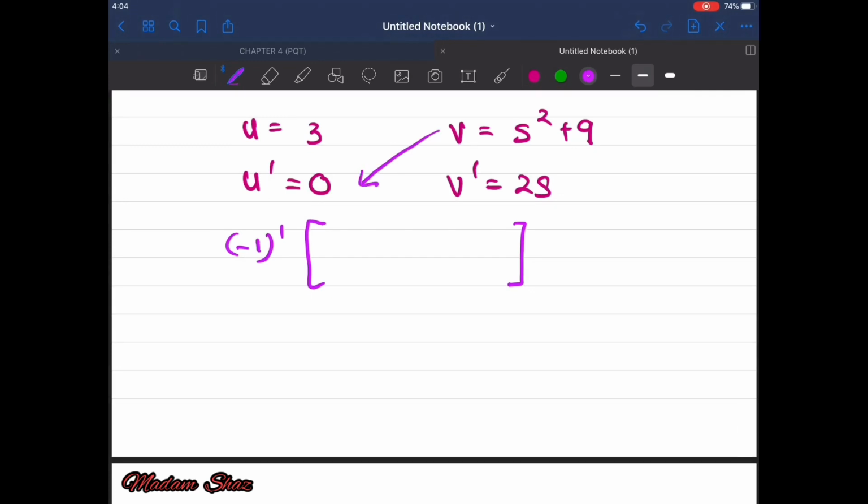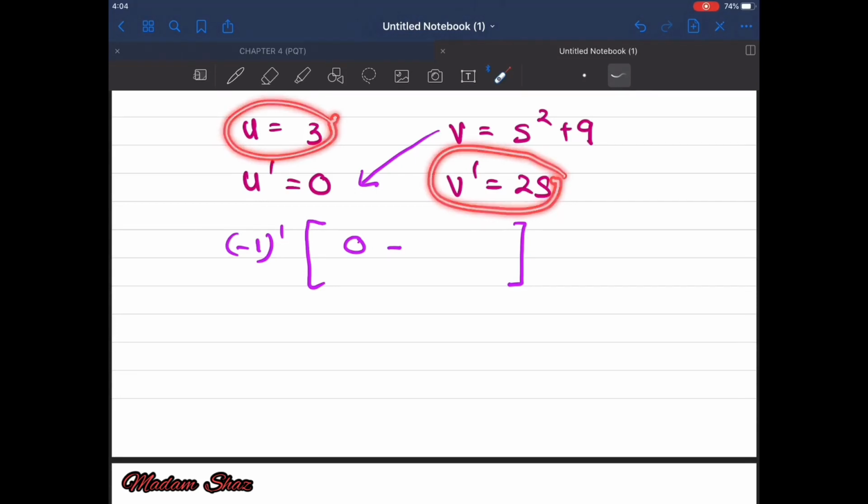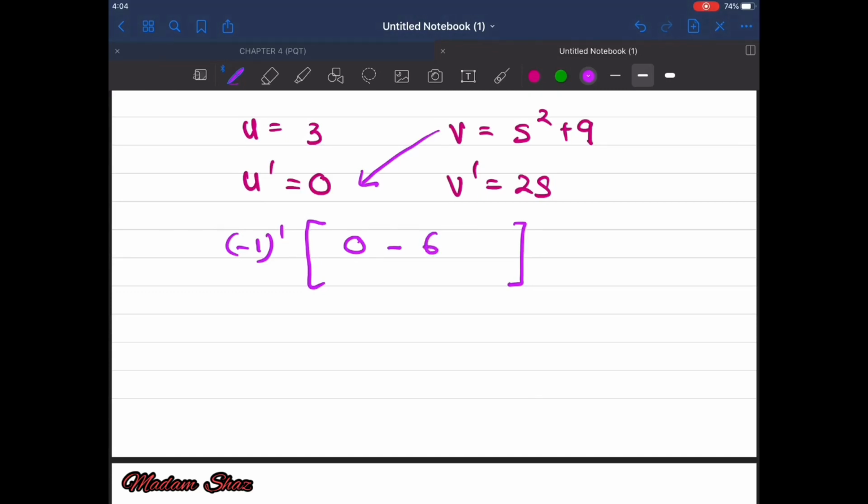V u prime, s square plus 9 multiply with 0 will become 0 minus, because the formula for the quotient rule is minus uv prime, 3 multiply with the 2s, so will become minus 6s. Divide with v square, s square plus 9, the whole thing square, because the formula divides with v square.